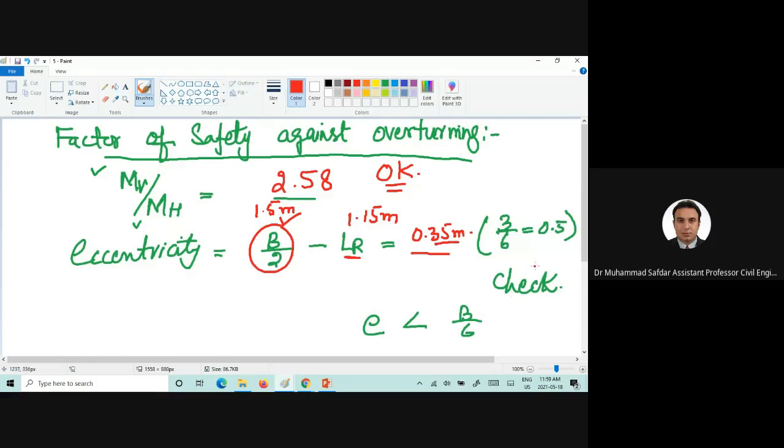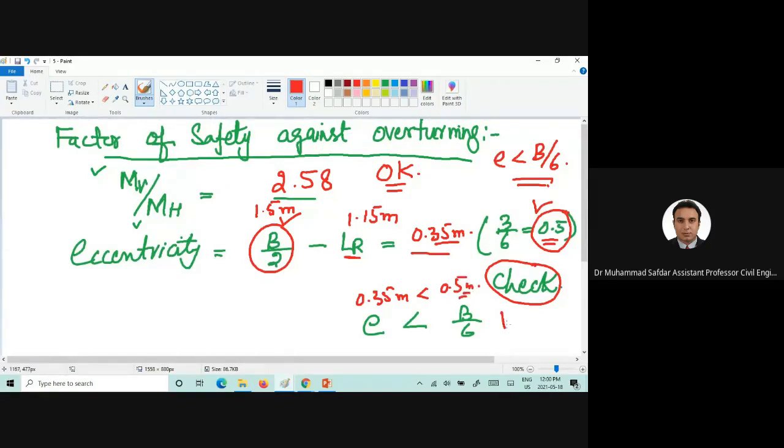And now you need to check whether E is less than B by 6 or not. B by 6 is equal to 0.5. In that case, E, which is 0.35 meter, is less than 0.5 meter. So that check is also okay.